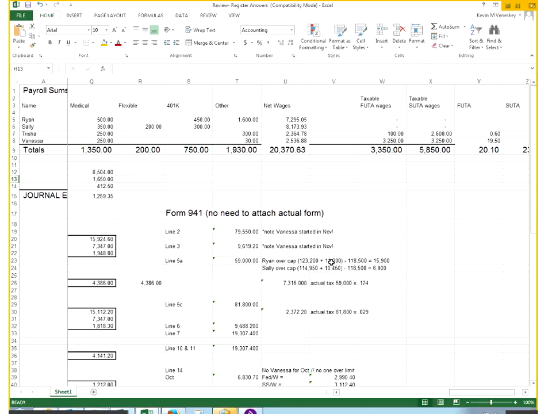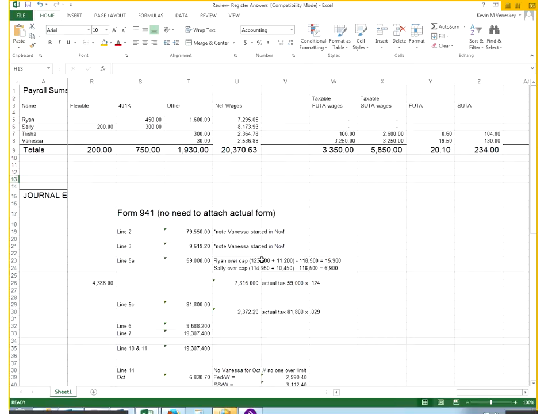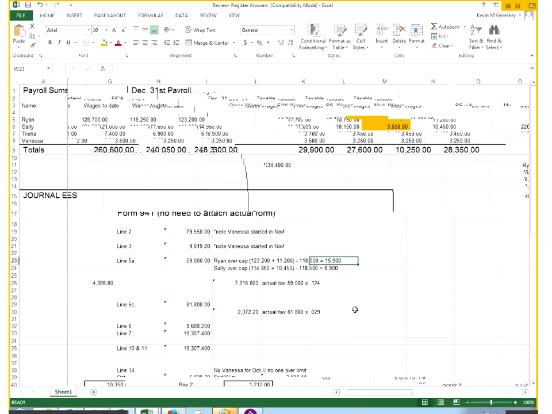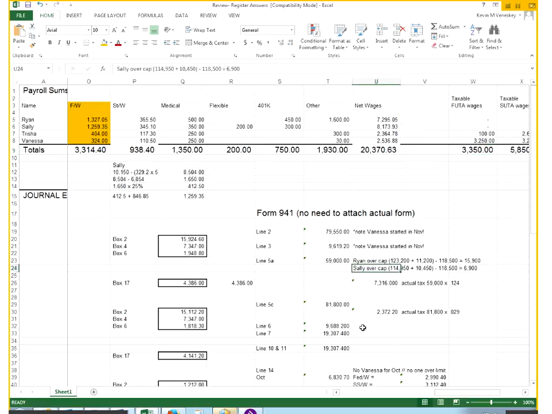I took the $123,200, his former wages, plus his Medicare wages for this month, and then I subtract out the cap. If you added up these two, you're gonna get $134,400. And then how much of that $134,400 is over the cap? I found it to be $15,900. So $15,900 of this times 3 is not taxed.